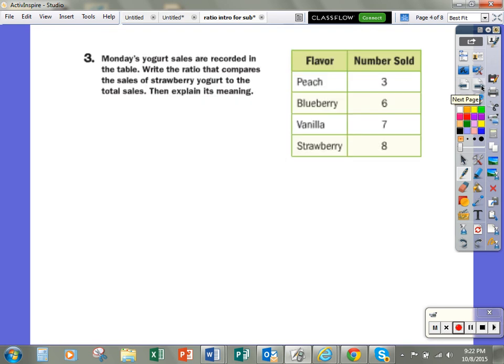Look at the next example. Here we're comparing types of yogurt, and they want us to compare the strawberry yogurt to the total. So again, that would be part to whole. So we see that there are 8 strawberry, and we need to know the total number of yogurt. So 3 and 7 are 10, 16 plus 8 would be 24.